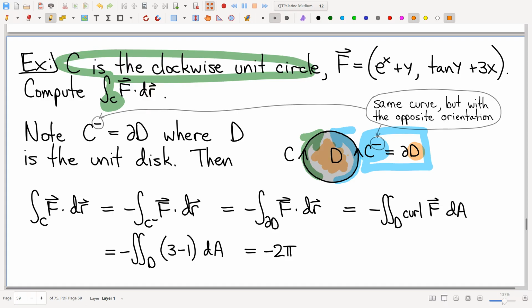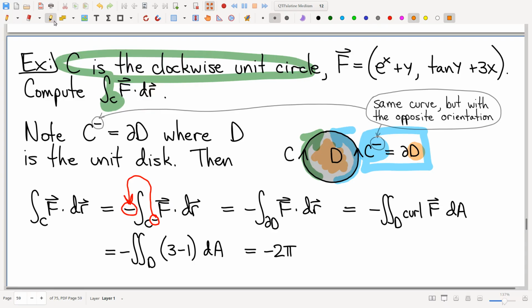So I can compute the integral on C minus with Green's theorem. I need to compute the integral over C. So all we have to do is recognize that we're off by an orientation, and being off by an orientation means that I'm going to get a minus sign.